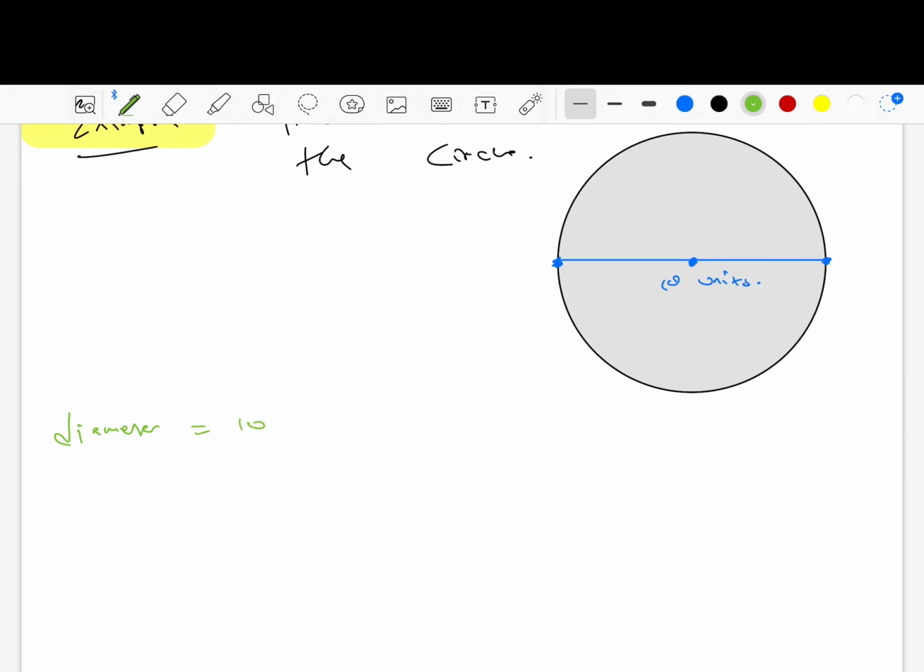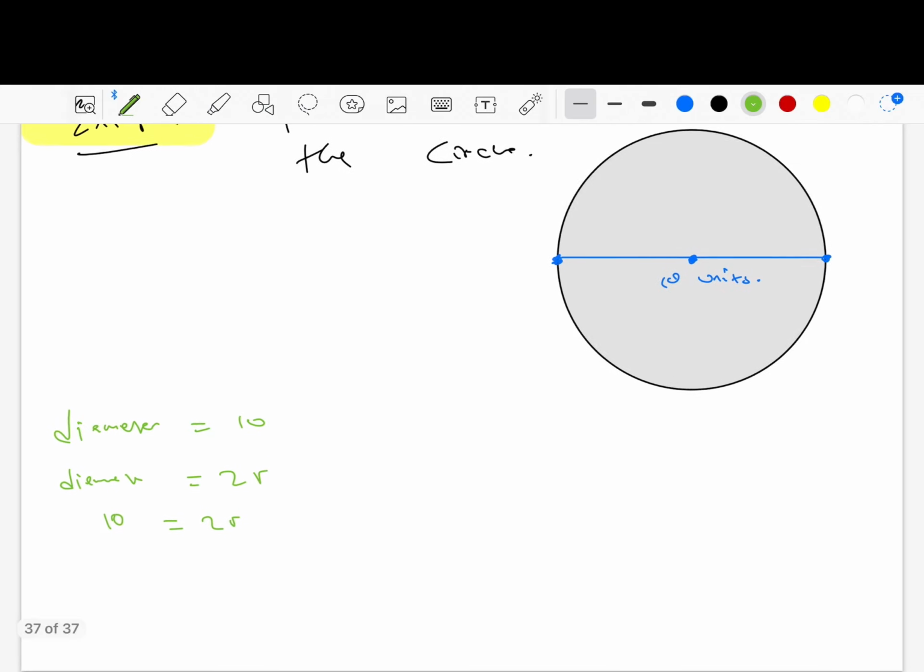We know that the diameter is equal to twice the radius. Therefore, if the diameter is 10, the radius is equal to 5 units. So r is equal to 5 units.